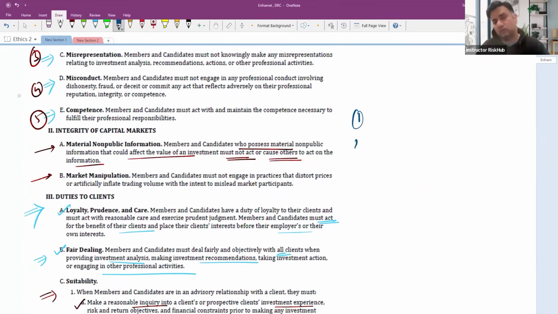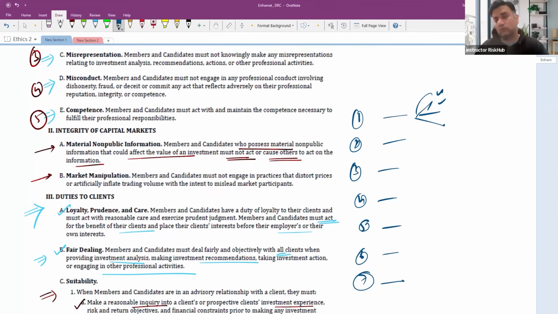And each of these has your 1 or 2 again, so you have to have that much depth available for each thing. Keep that in mind very clearly.